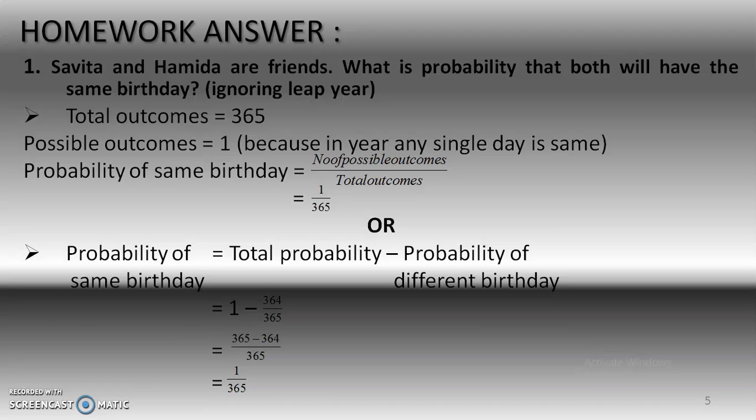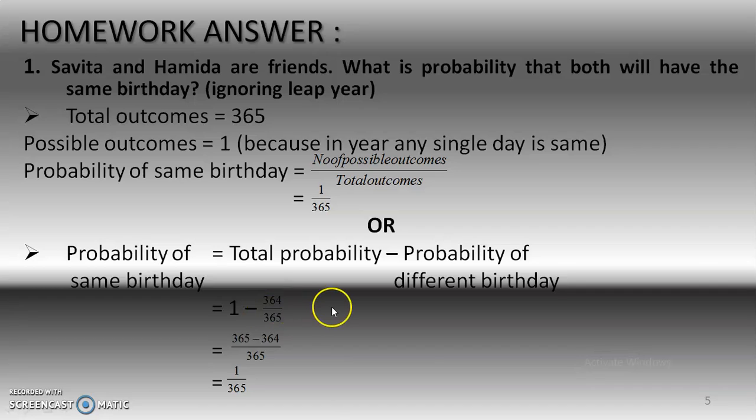365. Now, you can use another method: probability of same birthday equals total probability minus probability of different birthday, equals 1 minus 364 divided by 365. Here there is nothing in the denominator for 1, right?